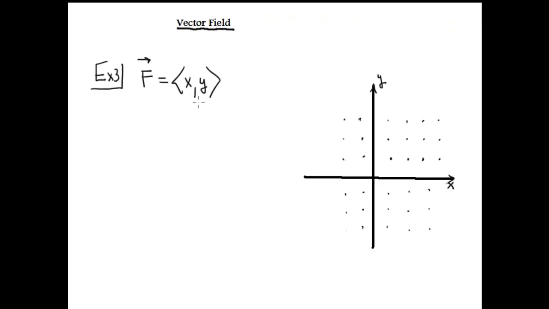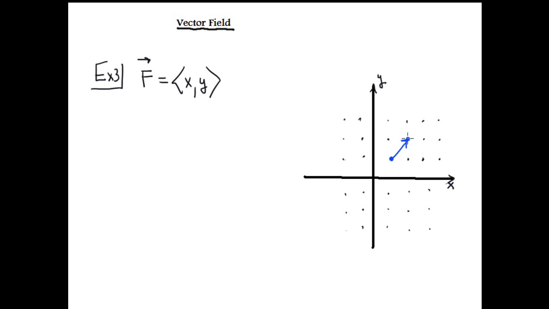Okay, this is the third example, a little bit more complicated, in which both components are variable in x, y. Suppose one point here, 1, 1. You associate one vector, which is 1, 1, and the vector 1, 1 applied here is like that. So the x component is 1, and the second component, the y component, is 1.